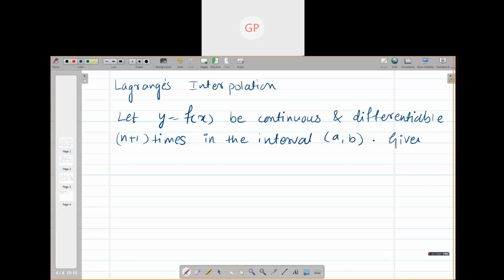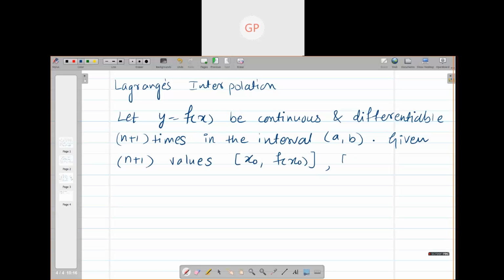Given how many values we are given? n plus 1, na? Do you understand this? n plus 1 values कैसे हैं हमारे पास? Because we are starting from x naught and the last value will be xn. Okay, accordingly we will have y values. So given n plus 1 values, क्या क्या values है? x naught comma f(x naught).